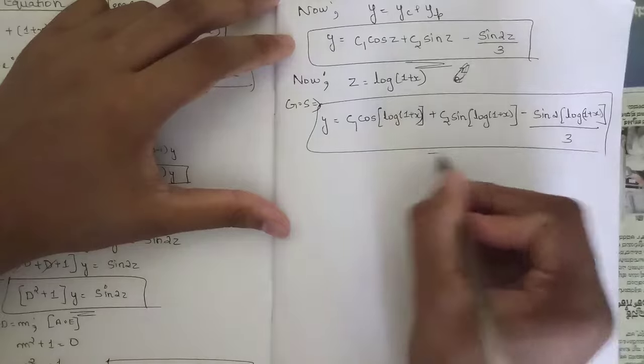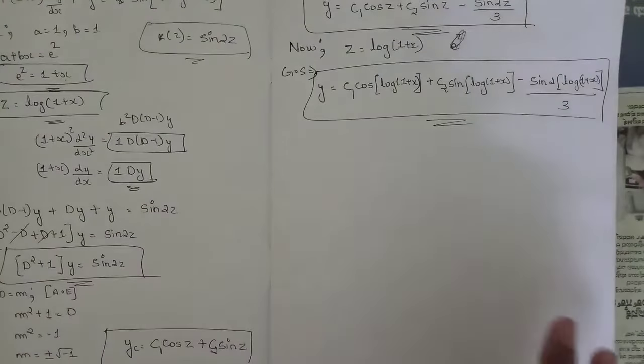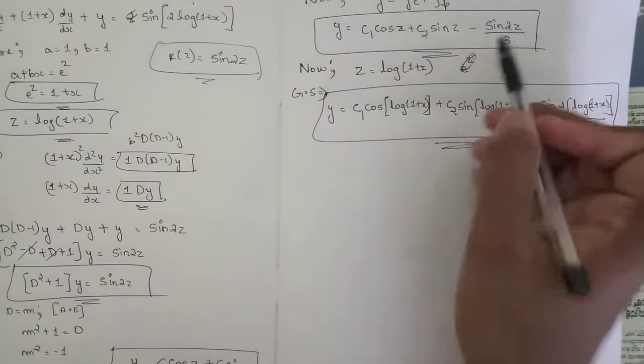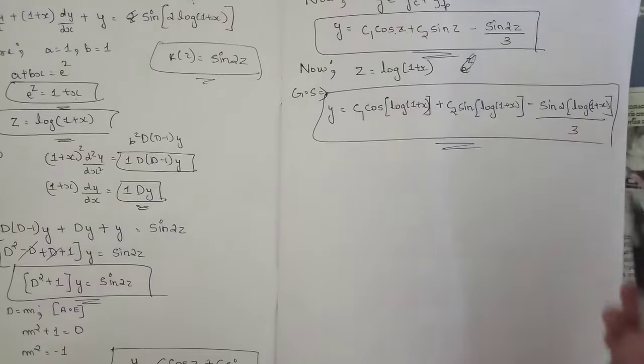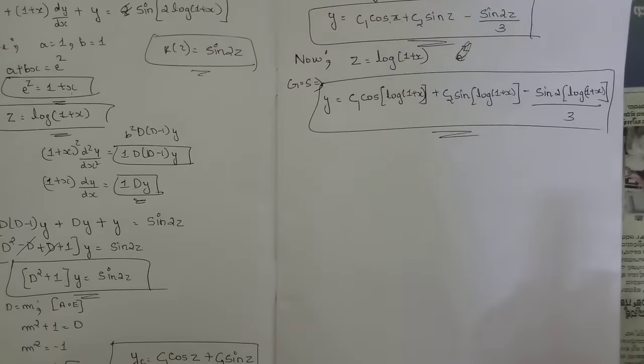So this is your required final general solution, where wherever there are z terms, we have replaced them by log of 1 plus x. Okay. Yeah, so now we'll get to the next question.